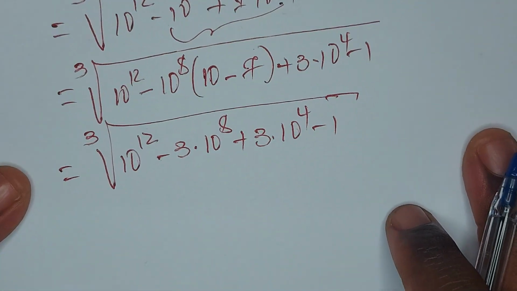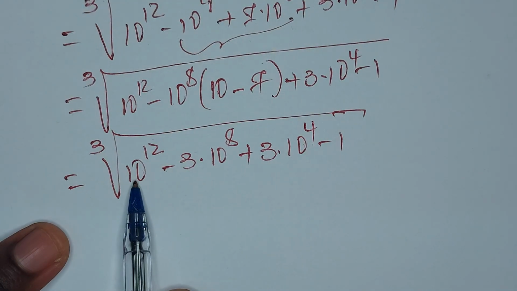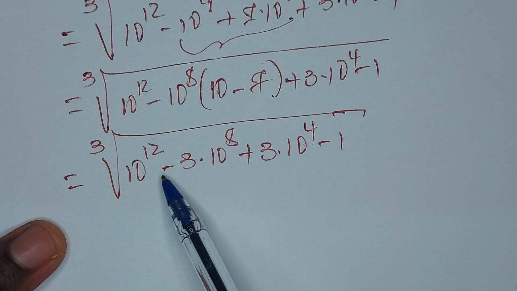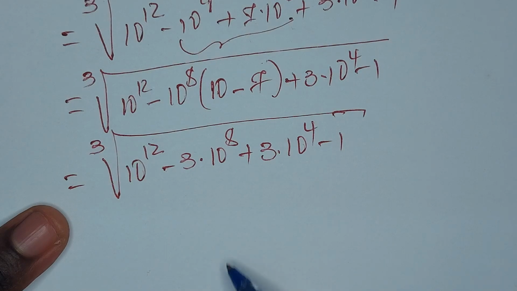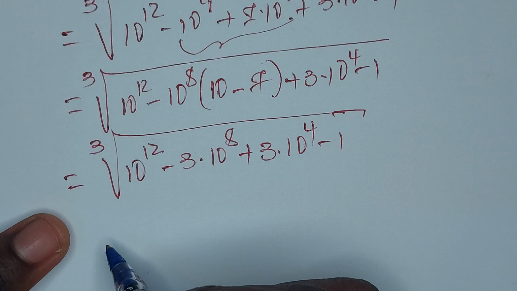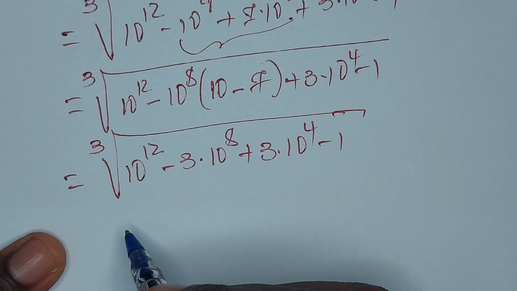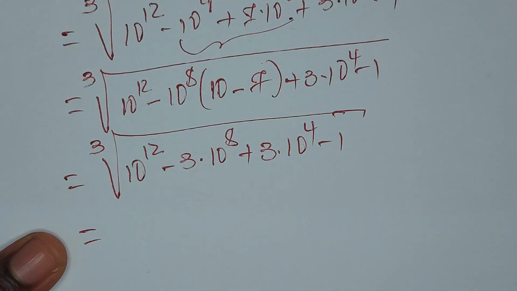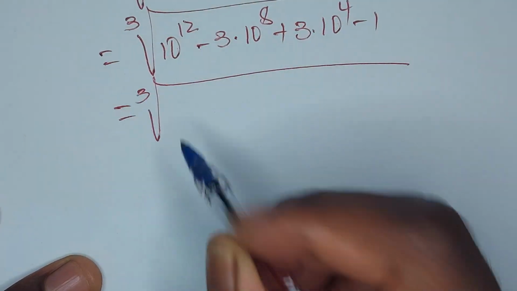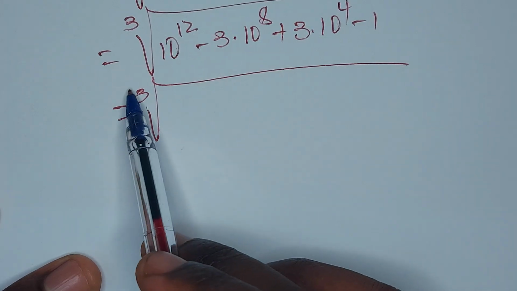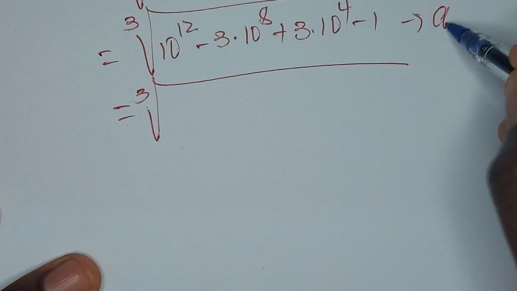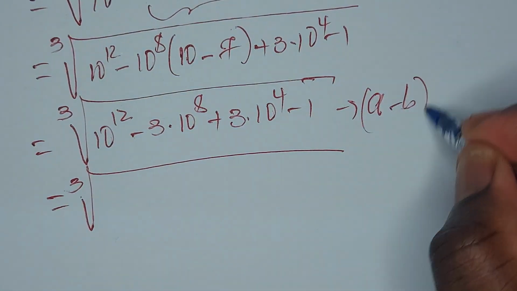So now, guys, if we pay attention here, what do I have? Something like a perfect cube, right? Let me just write it correctly to be clean for us to see. Look, we have the 3 here, so this has to be something like a minus b to the power of 3.